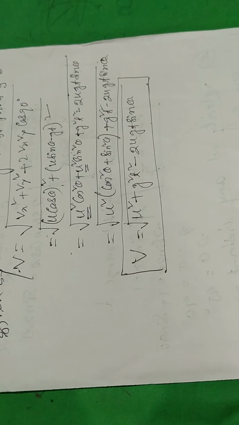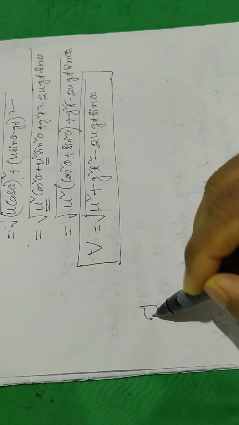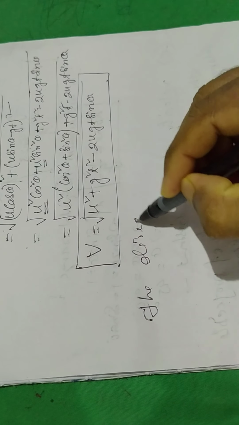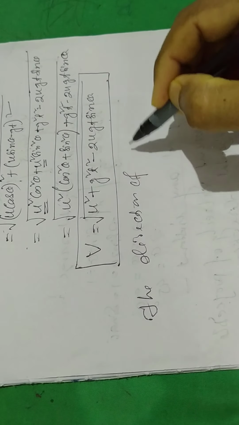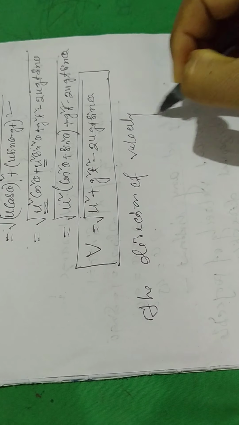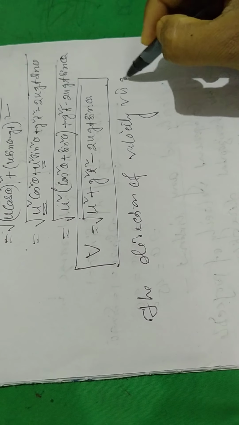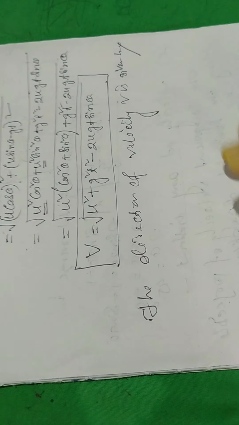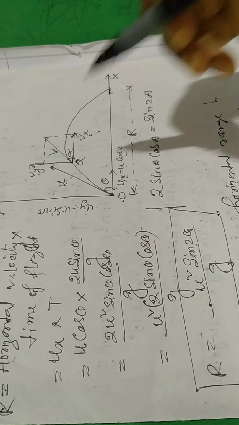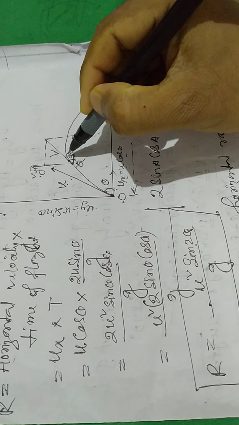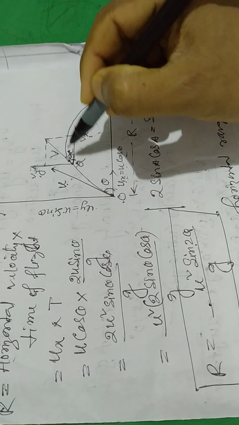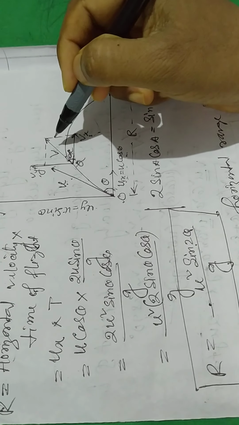Now, if we calculate the direction, the direction of velocity v is given by, you see the diagram, tan alpha, where alpha gives the direction of the resultant velocity v.